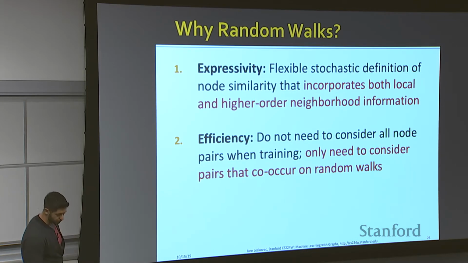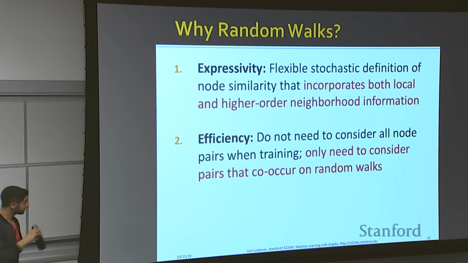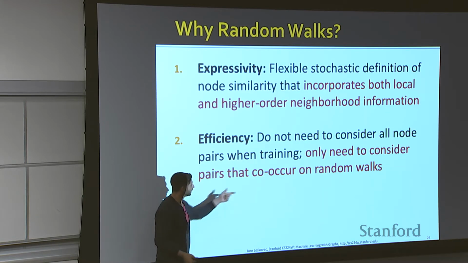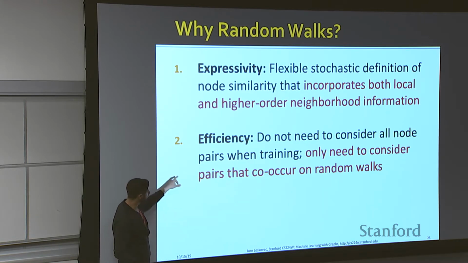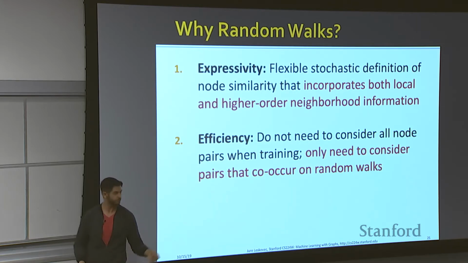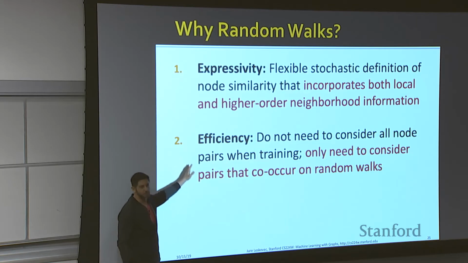Another reason why we like to use random walks a lot is that they're very efficient. Basically, they avoid considering all the node pairs when training. The only pairs that we'll be considering at training time are the ones that are co-occurring in our random walk. And this part is extremely important.